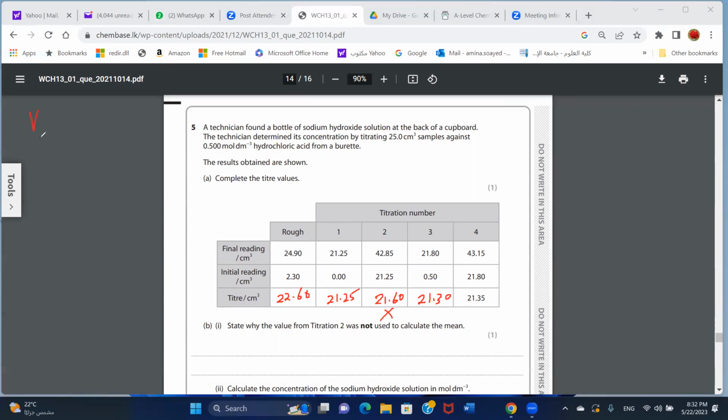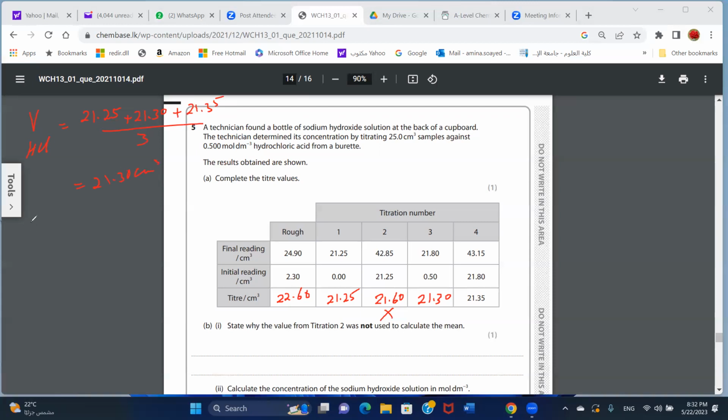So the volume of hydrochloric acid will be 21.25 plus 21.3 plus 21.35 divided by 3, which means 21.3 centimeter cubed.